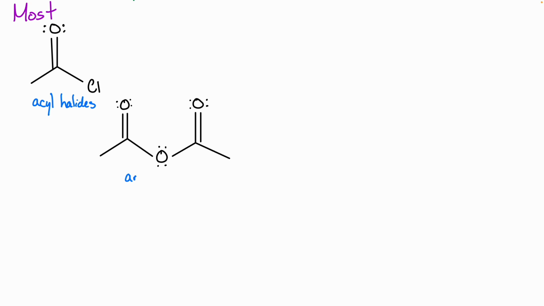These are what are called acid anhydrides. Okay, the next one down the line is what we call a thioester. Kind of like an ester, but instead of having an ester oxygen, you have an ester sulfur, a thioester.